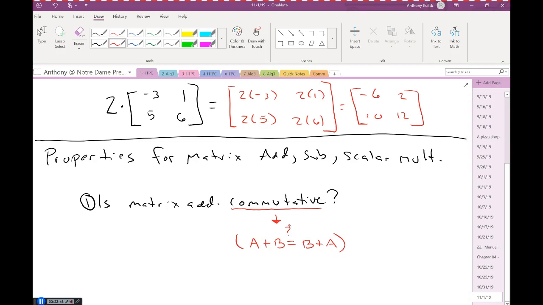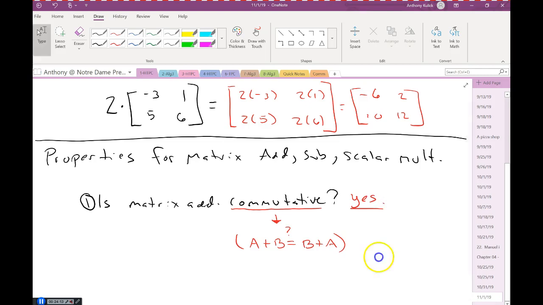But it may not be the same thing for matrices. Let's think about it for a minute. What do we think? Do we think that this is true? Yes. Okay. So it is true. Those of you that thought about it for a minute said, yeah, I think that has to work.